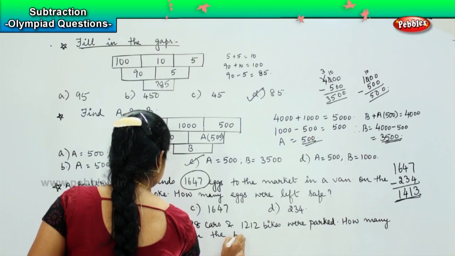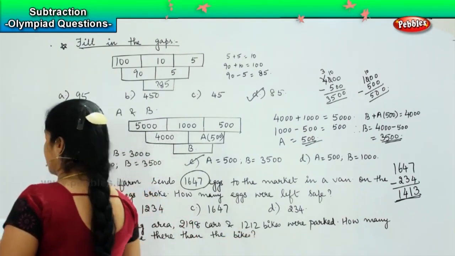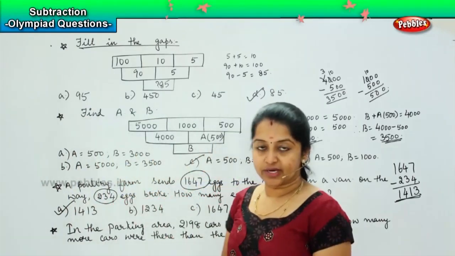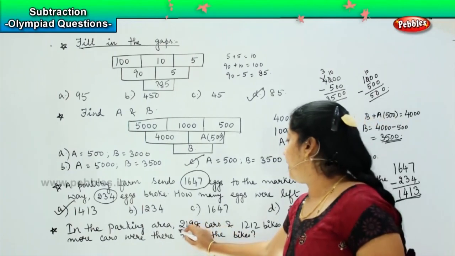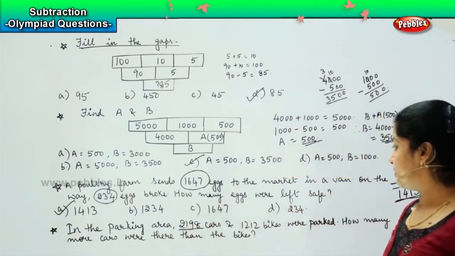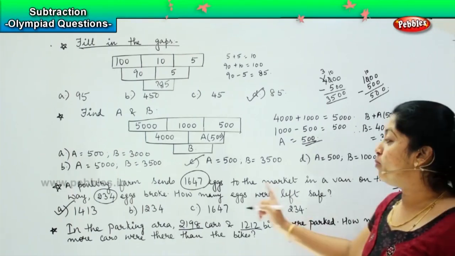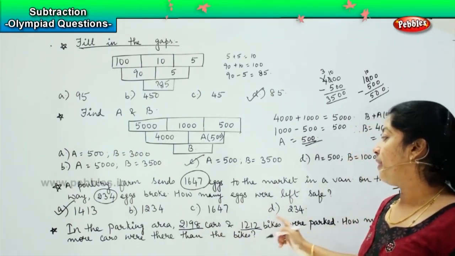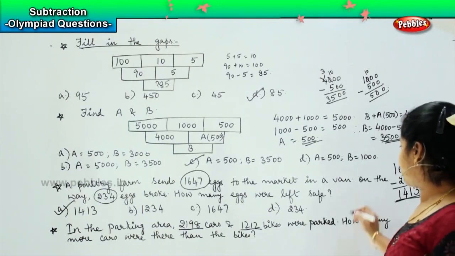Okay. So here there are no options given. So let us try to find out the answer. So in the parking area, 2198 cars and 1212 bikes were parked. Fine. How many more cars were parked than the bike? So it's a simple subtraction, right?